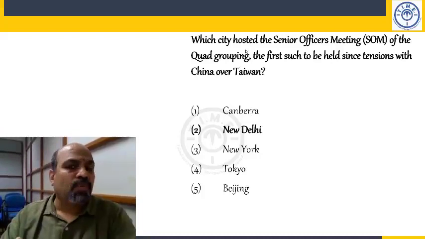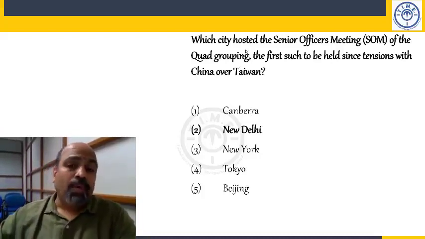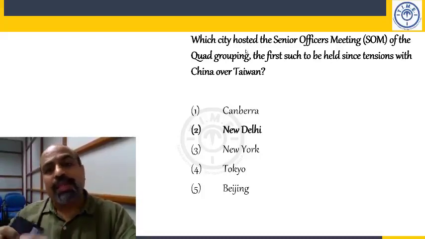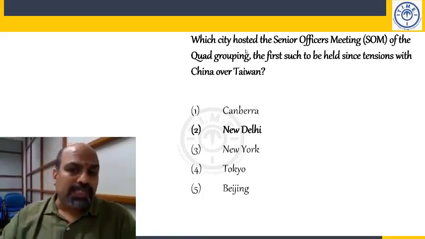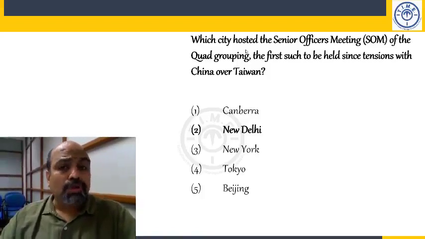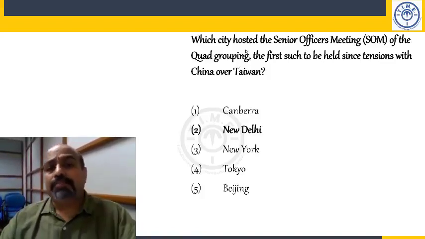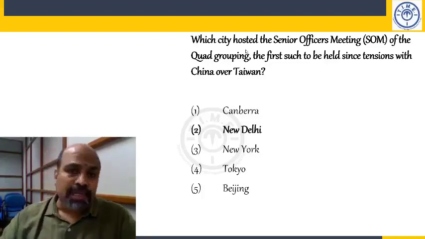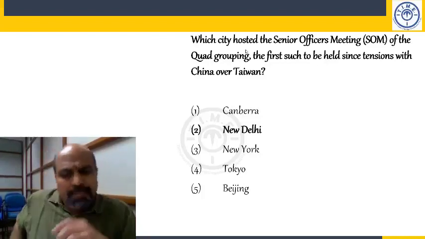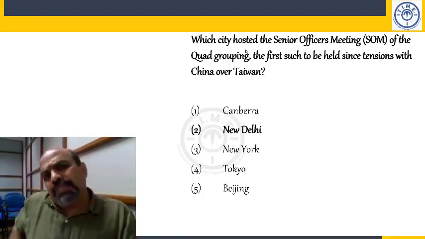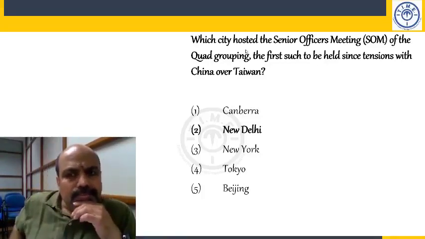What is Quad Plus? The Quad Plus comprises South Korea, Vietnam, and New Zealand. All of these countries are worried about the growing presence of China in the Pacific region.